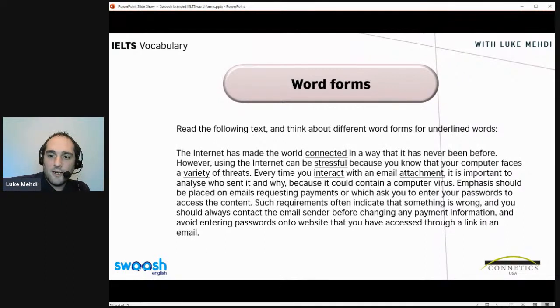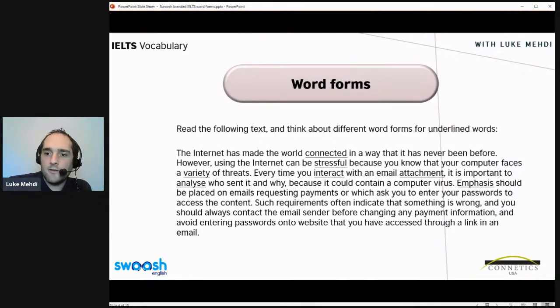Fancy vocabs really needed to get 8 to 9 bands, Darshana. Yeah, well, it depends what you mean by fancy vocab, and it depends what you mean when you say 8 or 9 bands. It's a bit different in speaking and writing. In writing, you need to be a lot more formal.